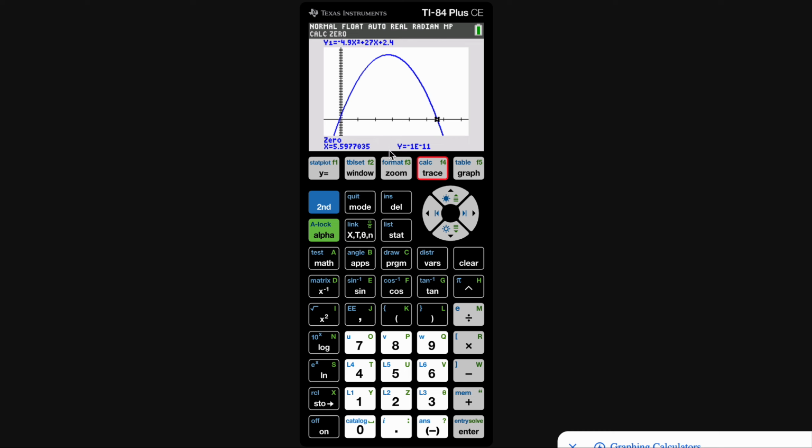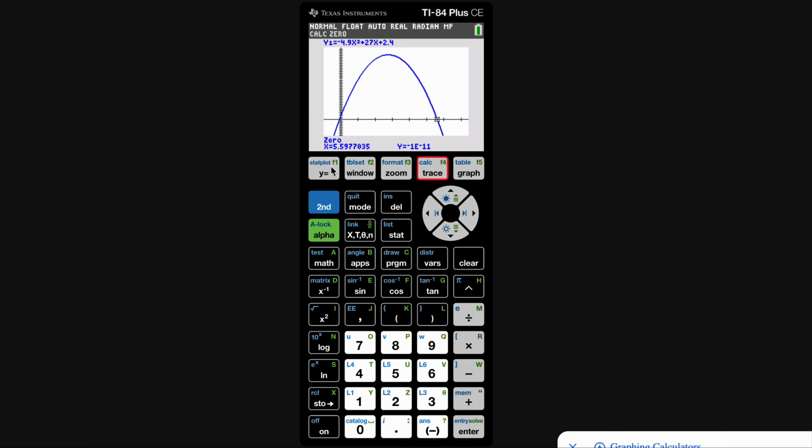Notice our y value is this -1e-11. That's just -1 times 10 to the -11th power. Basically, it's really close to 0, but it isn't close enough for this calculator to say 0. That's why I ended up just saying 5.60, because this was a little bit off.